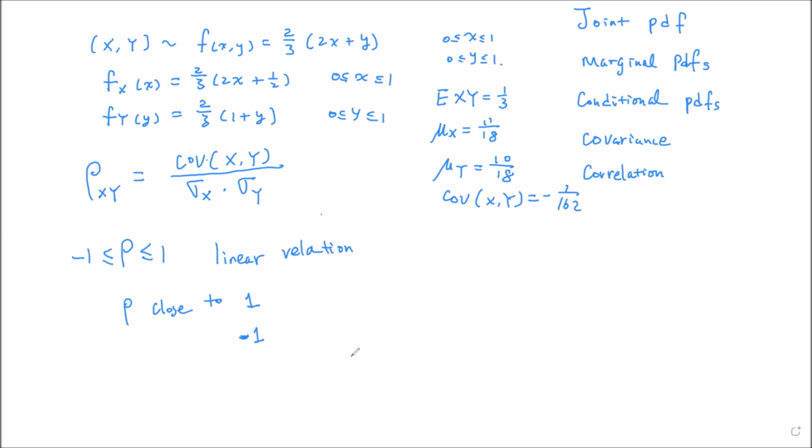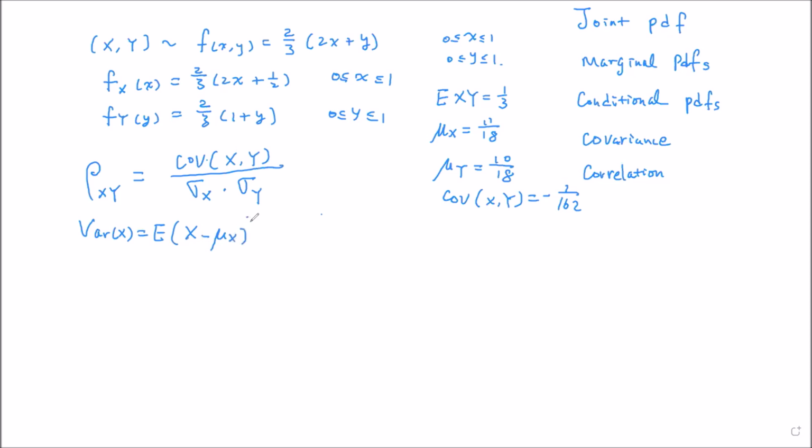Okay, so in order to find correlation, we need sigma of x, sigma of y, standard deviations. That's a little bit tedious, so let's calculate them anyway. All right, so let's use this formula. The variance of x, by definition, is the expectation of x minus mu sub x, squared.